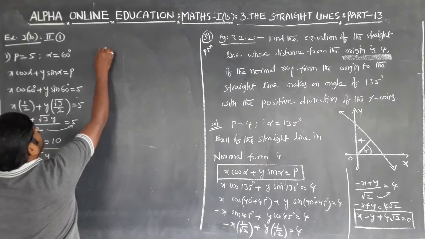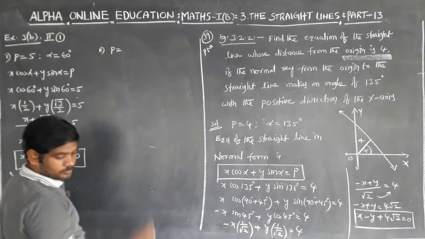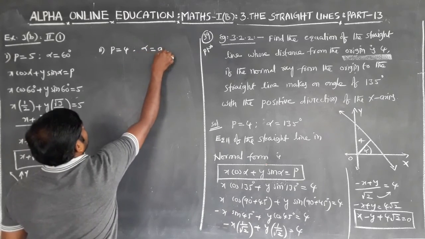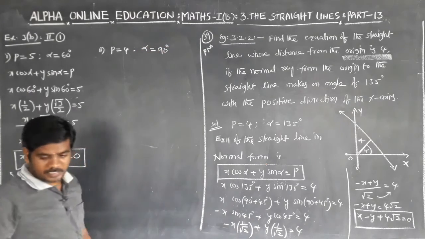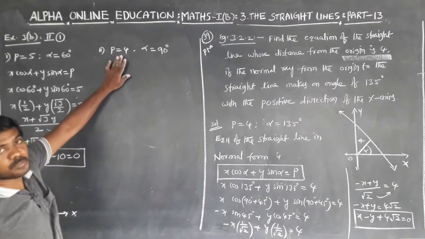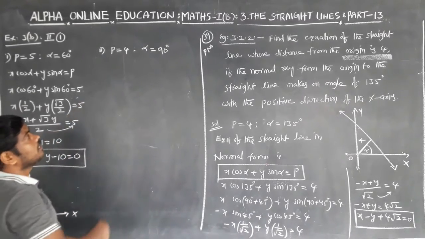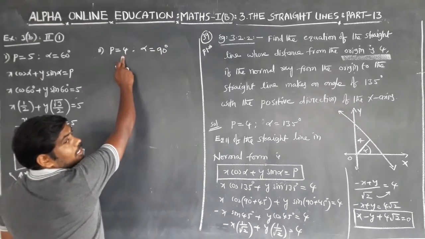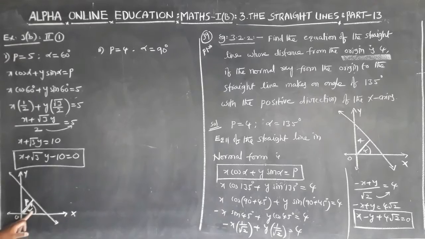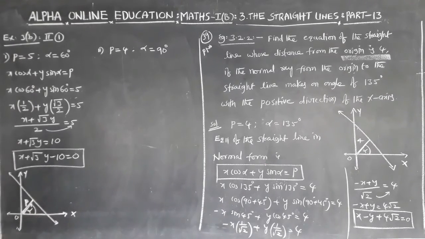Next one is P is equal to 4 and alpha is equal to 90 degrees. Here P is the perpendicular distance from origin to the line and alpha is the angle the normal ray makes with the positive x-axis.